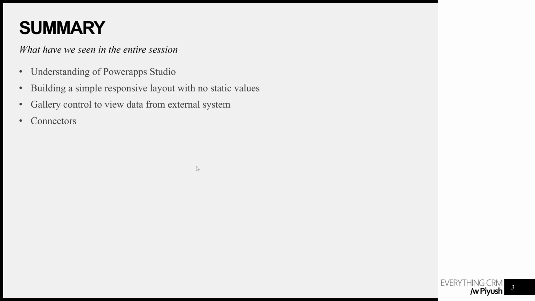There's a huge list of predefined connectors, but we created our custom connector since that wasn't available from the list. Finally, once the app was ready, we saw how to publish this app and make it available for other users in your organization.